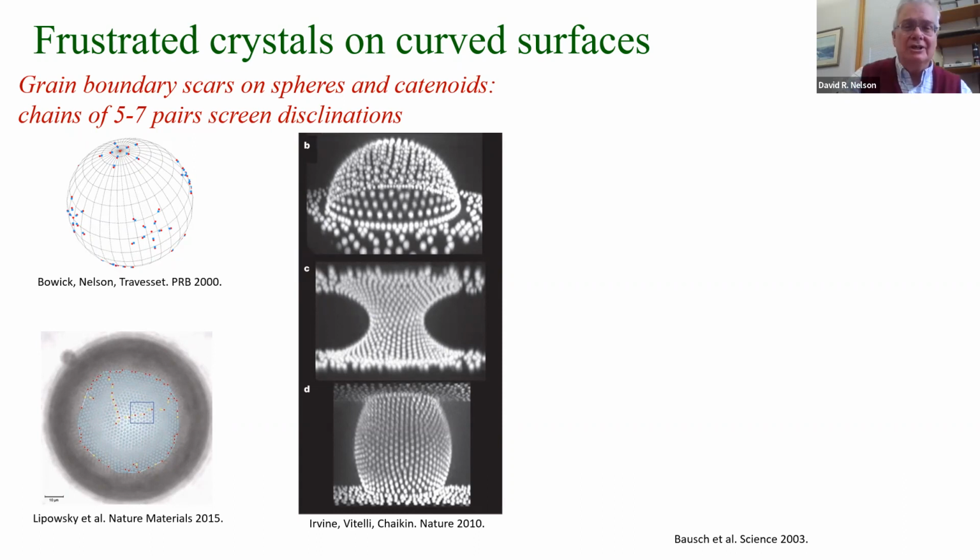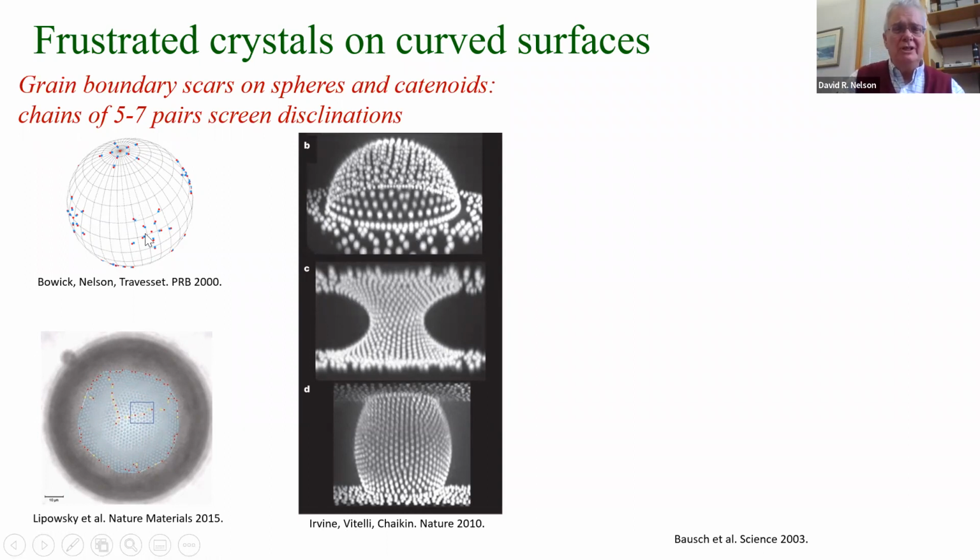And this is just an introduction, perhaps not so necessary for this particular group, but many of us in this audience, including my friend Jean-Francois Sadoc, have an interest in frustrated crystals on curved surfaces. And over the years, there have been some beautiful experiments which have motivated a number of us.